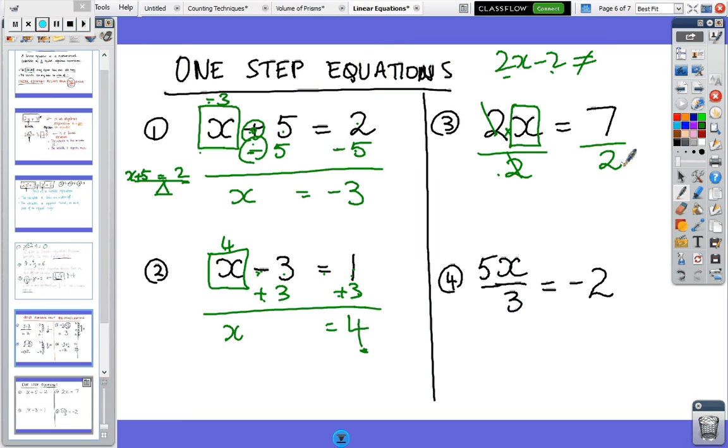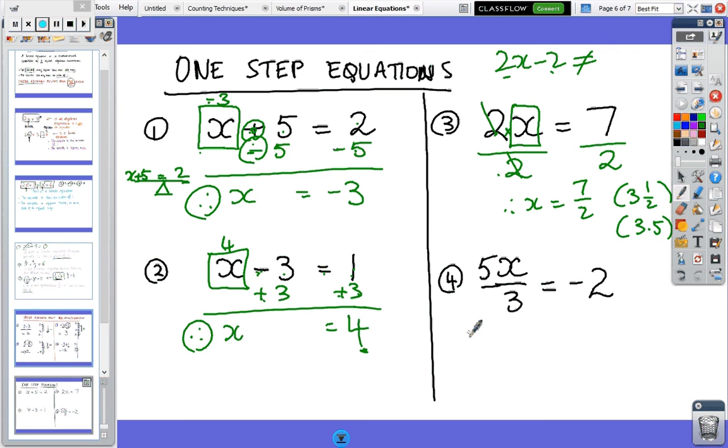But I have to divide both sides by 2. And so x is 7 on 2, which is 3.5. Just a reminder, I'll go back a step. You really should put the triangle of dots, which means therefore, as you progress down these equations. So therefore, 2x equals 7, therefore x equals 3.5, or 7 on 2.